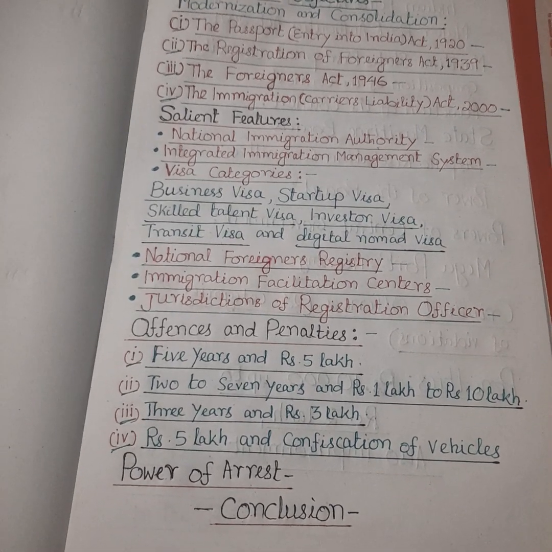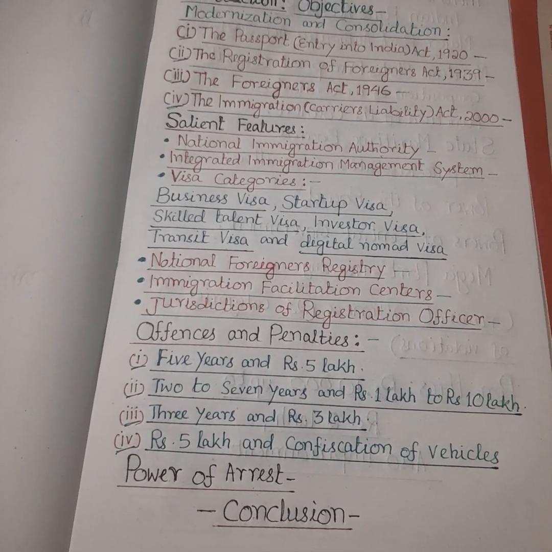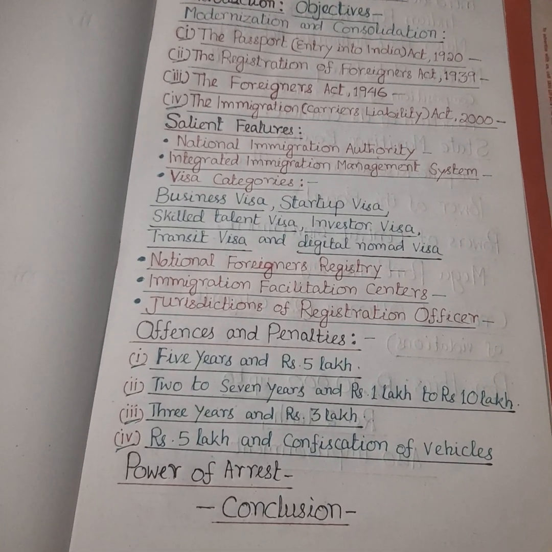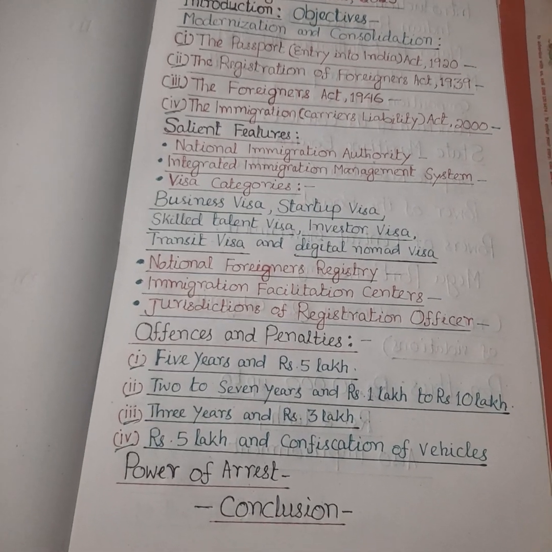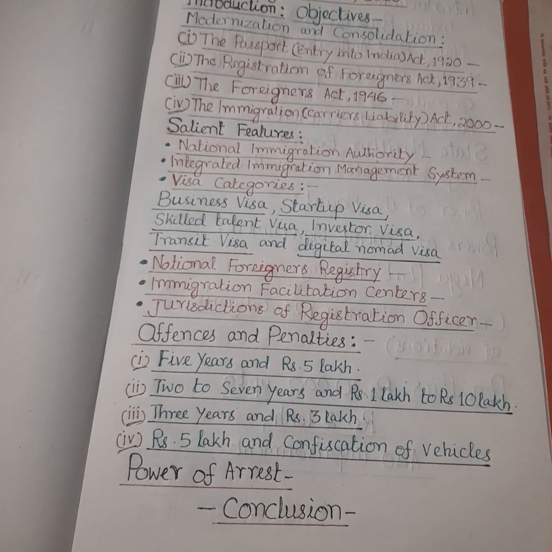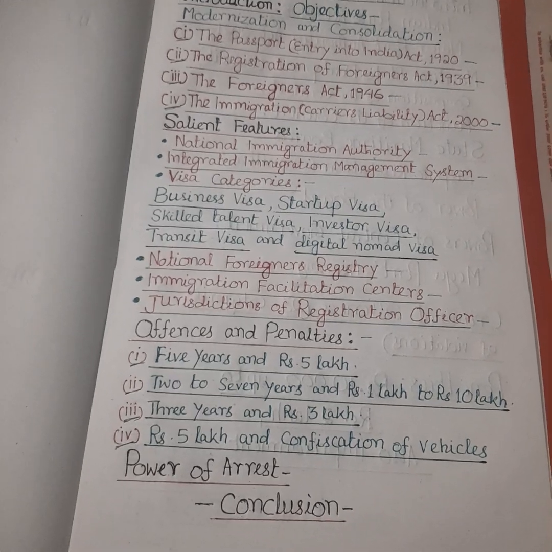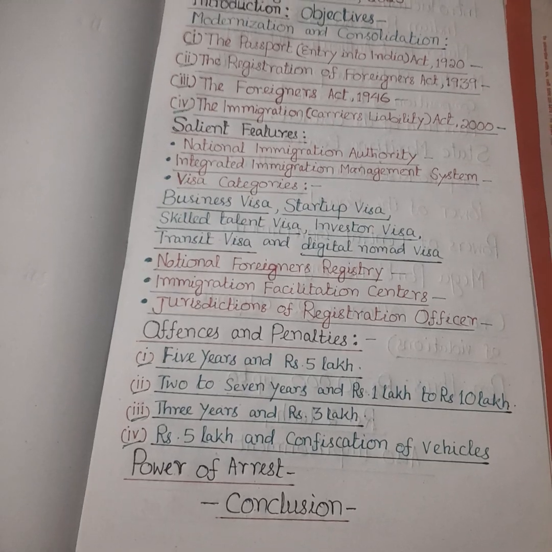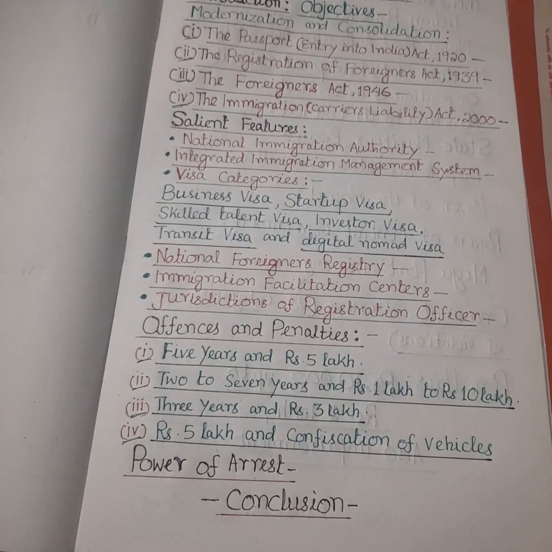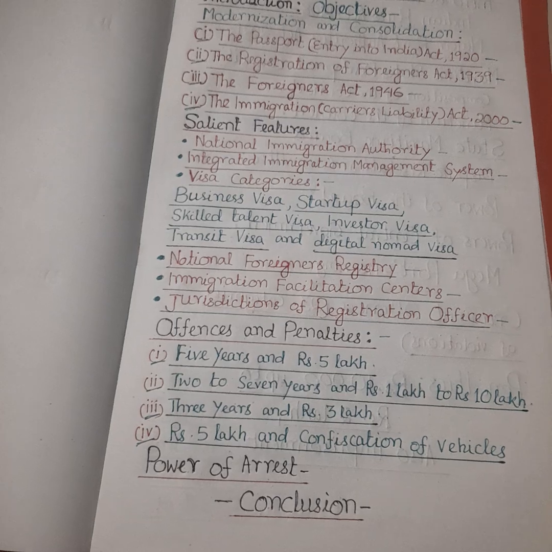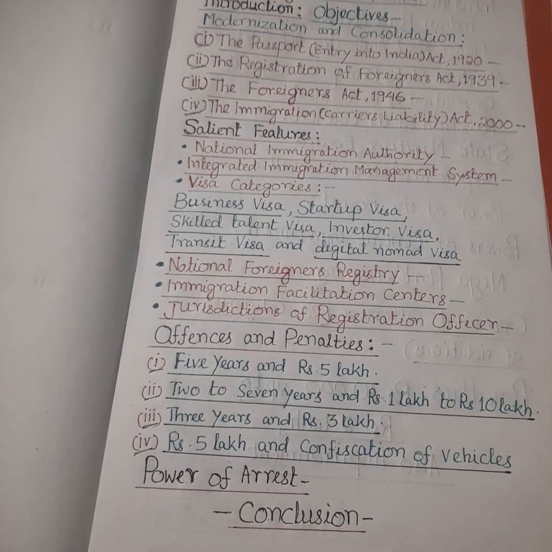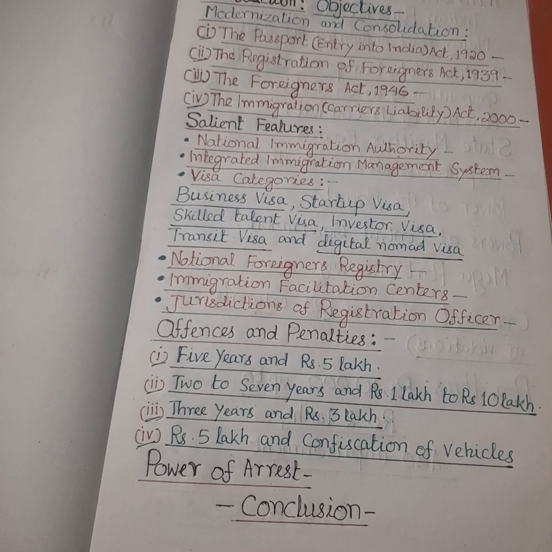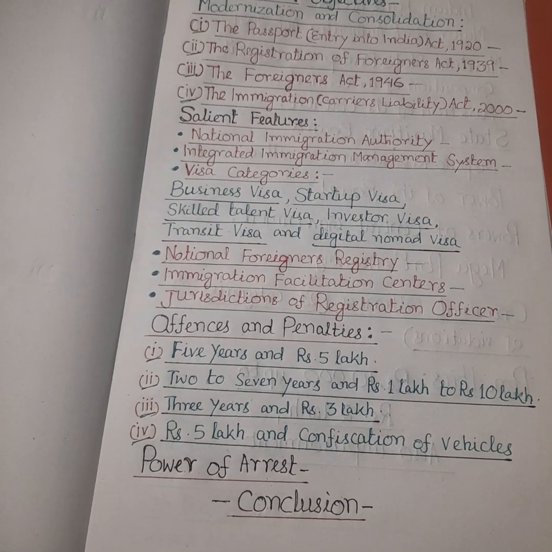And now we would like to discuss another salient feature of the bill, regarding immigration facilitation centers and jurisdiction of registration officers. As per Chapter 3 of the Immigration and Foreigners Bill 2025, on all matters related to foreigners, the legislation places specific reporting responsibilities on various institutions in India.